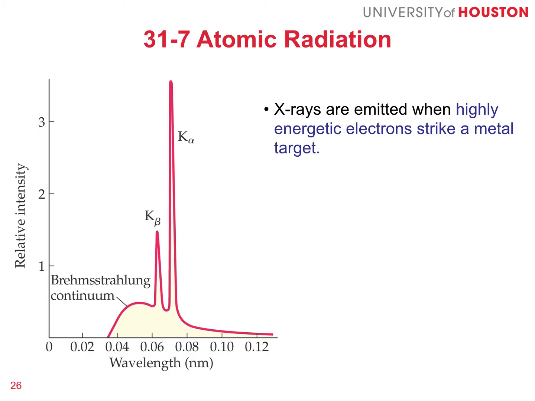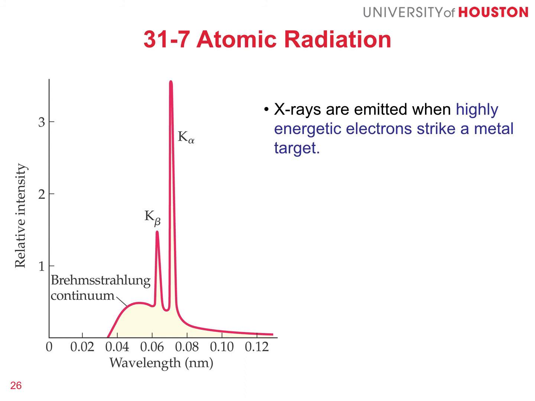The final topic in this chapter will be atomic radiation. So it turns out that X-rays are emitted when highly energetic electrons strike a metal target. This is actually how we produce X-rays for medical applications.